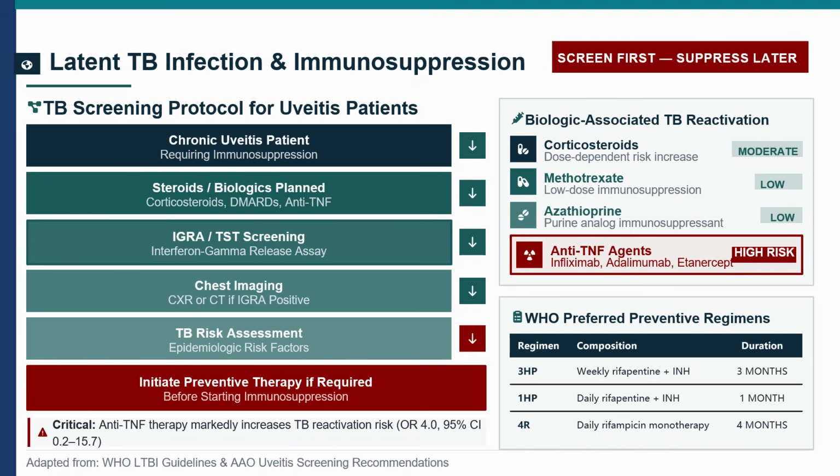Now, the regimens are different. For example, for a preventive treatment, as I said, for patients with immunosuppression, where you are willing to do immunosuppression, there are different regimens, like the 3HP regimen, which stands for 3 months of isoniazid with rifampicin, or the 1HP regimen, which is just isoniazid and rifampicin daily for 1 month, or the 4R, which is rifampicin used for 4 months.